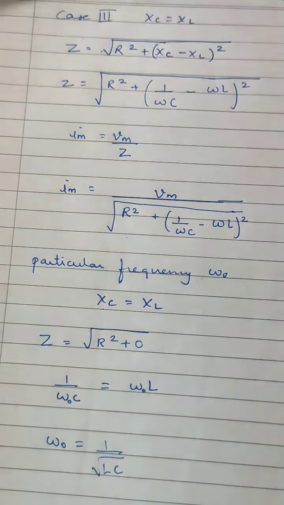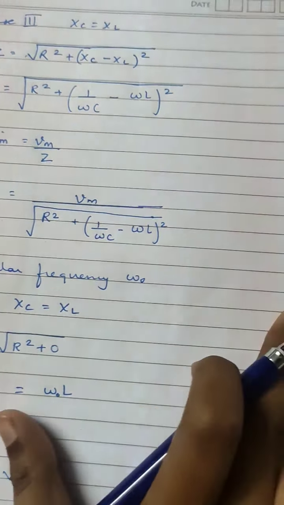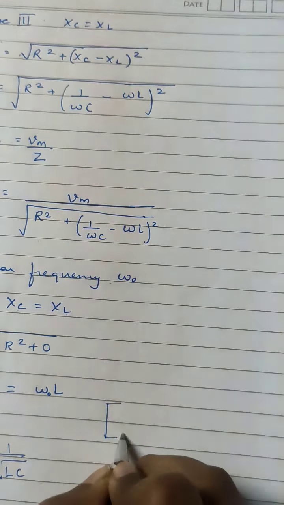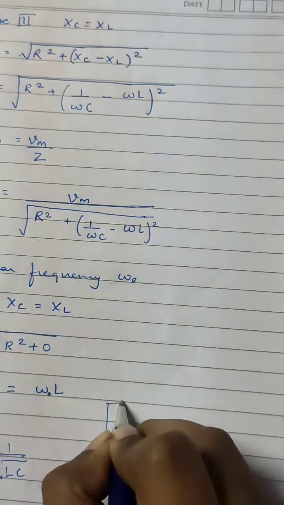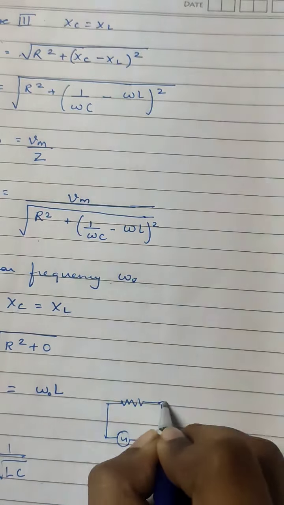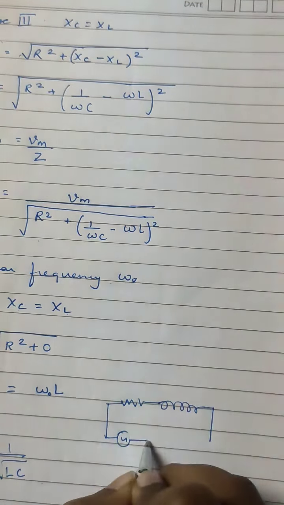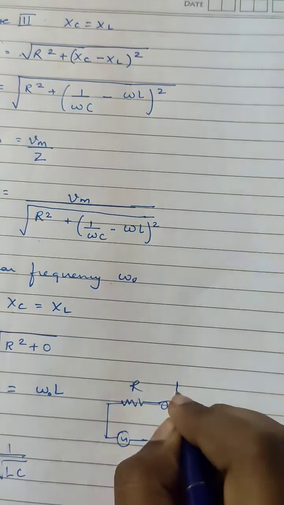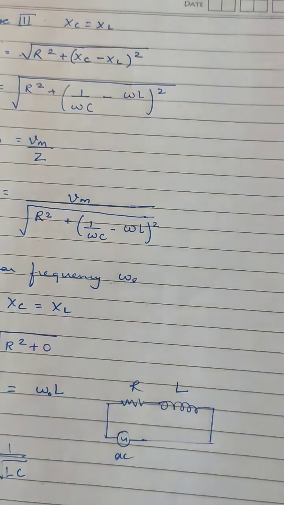Now this resonant condition is not possible in RL and RC circuits. If you have a circuit with a resistor and an inductor connected to an AC source, the resonance will not be possible.